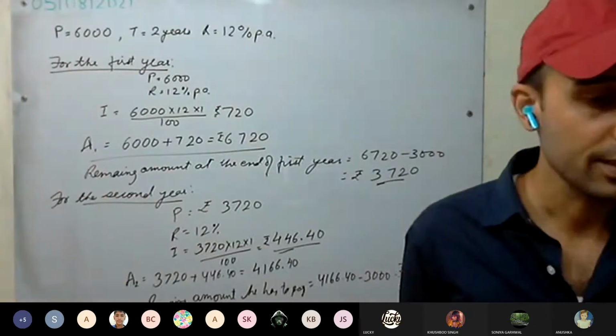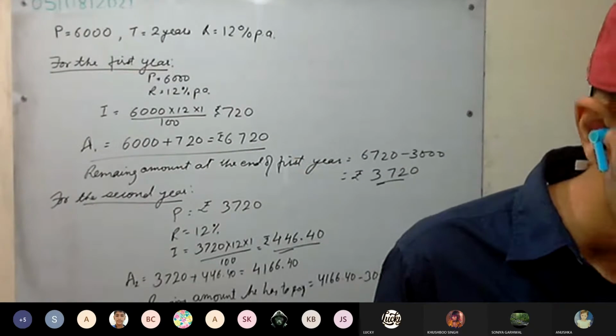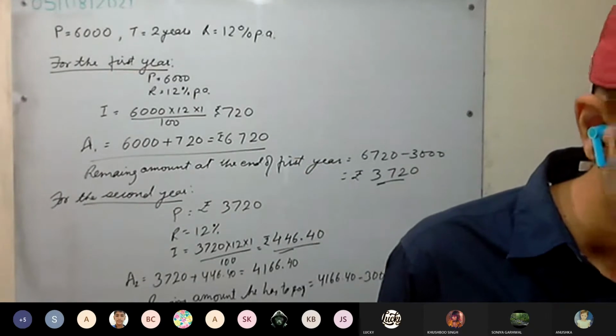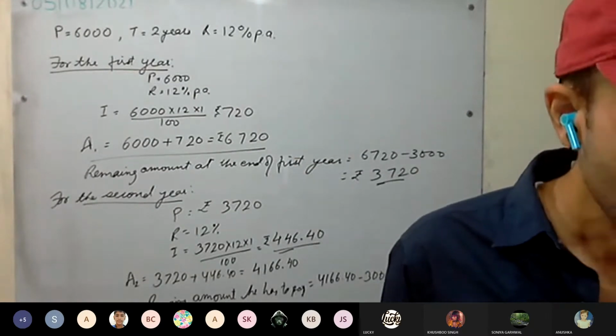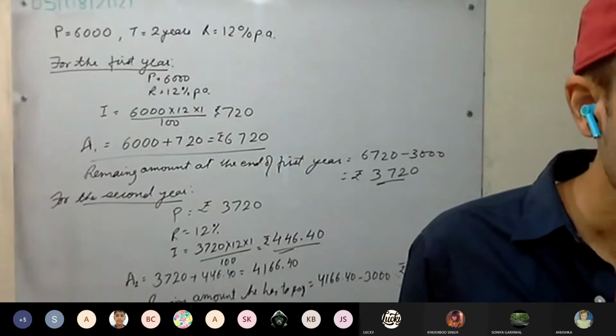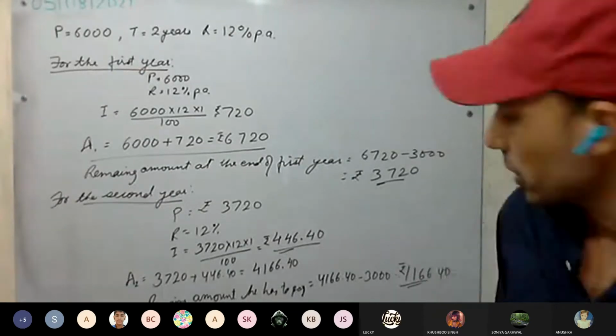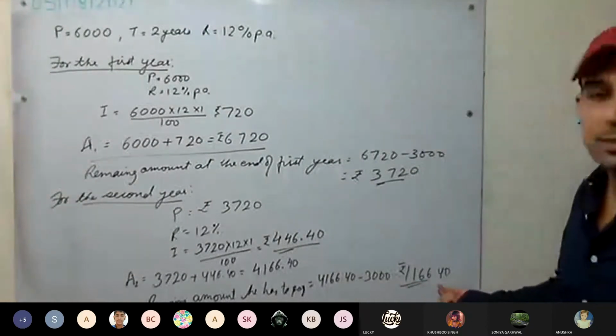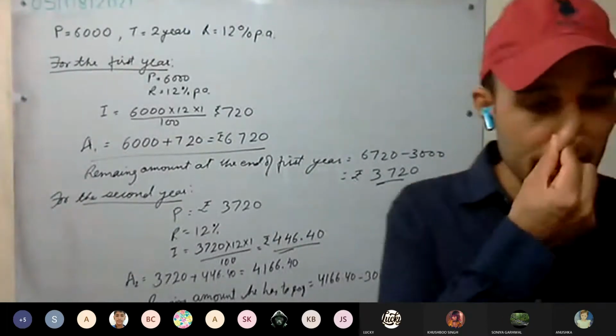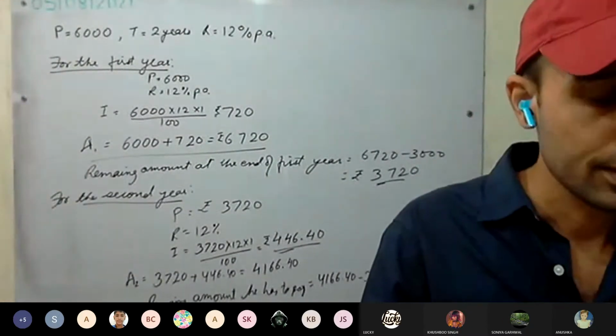Okay, this much rupees is remaining. It was the 11th question. He still owes this much money to the bank after the second repayment. Okay, is this clear?